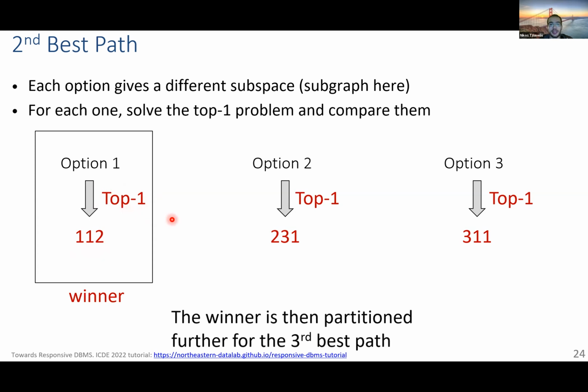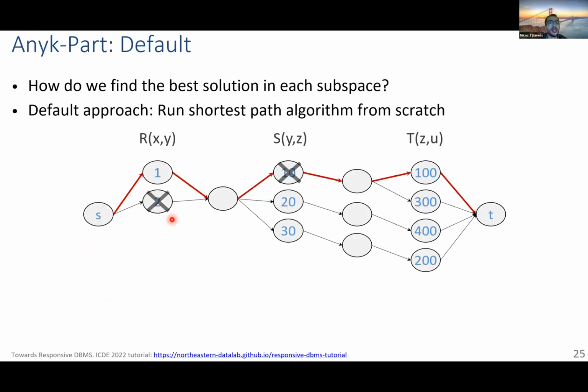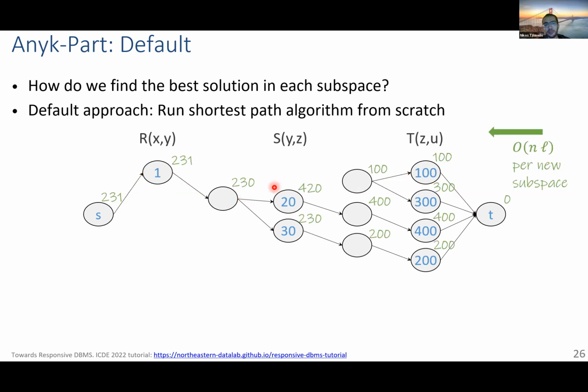Of course, to continue to go to the third best one, the winner has to be partitioned further, and we just follow the same procedure iteratively. Now, to solve the top one, there is a default way to do it: these nodes have to be deleted, so I'll just remove them from the graph and run the dynamic programming algorithm again, and this will give me the top one solution.